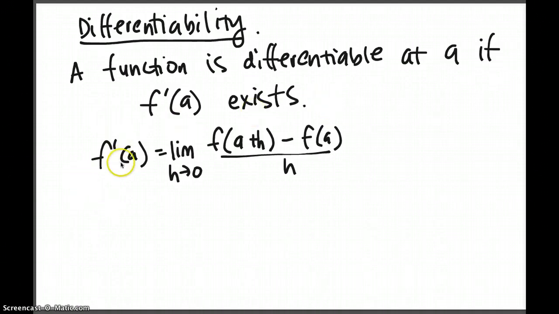Well, f prime of a, remember, is the limit as h approaches 0 of the slope between two points getting closer and closer to one point.